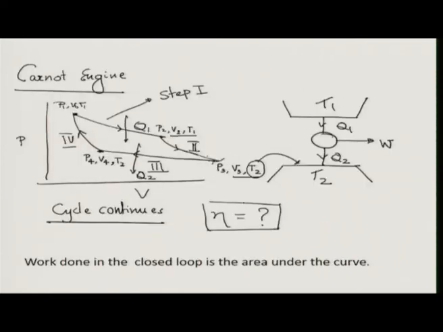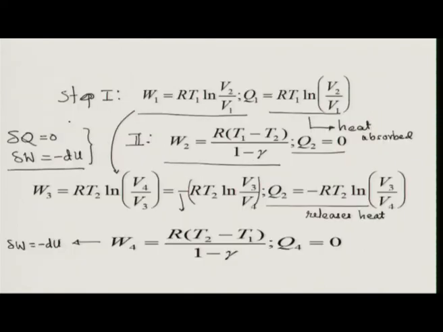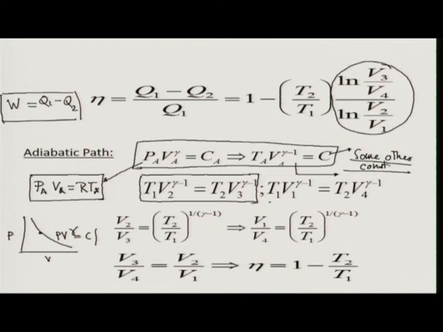Now go to step number 4. What do you have? V4 T2 is connected to V1 T1 also through an adiabatic path. Okay? So I must be having T1 V1 gamma minus 1 equals T2 V4 to the power gamma minus 1. So this is corresponding to step 2.